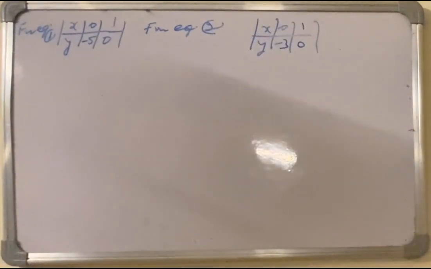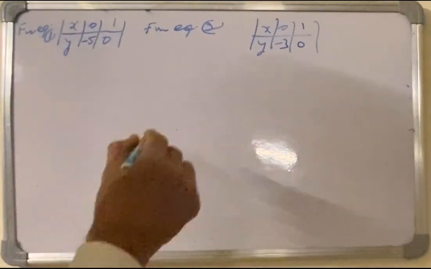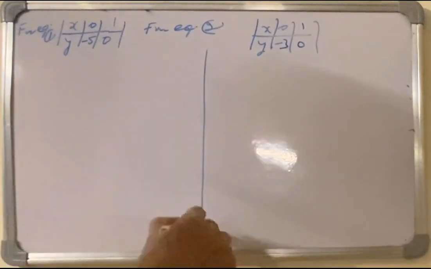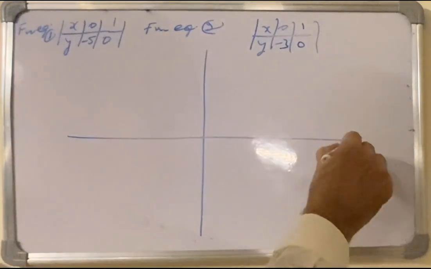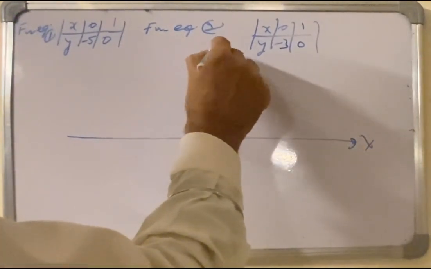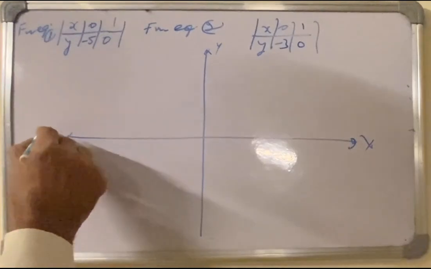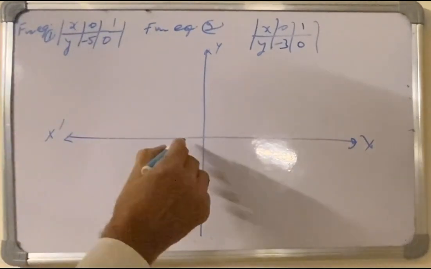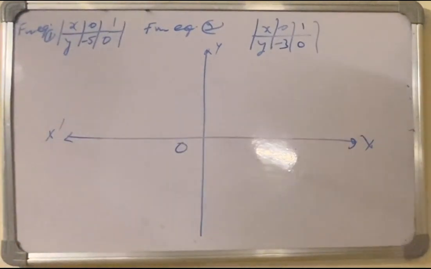Now we want to draw these points on the graph. X axis, Y dash.